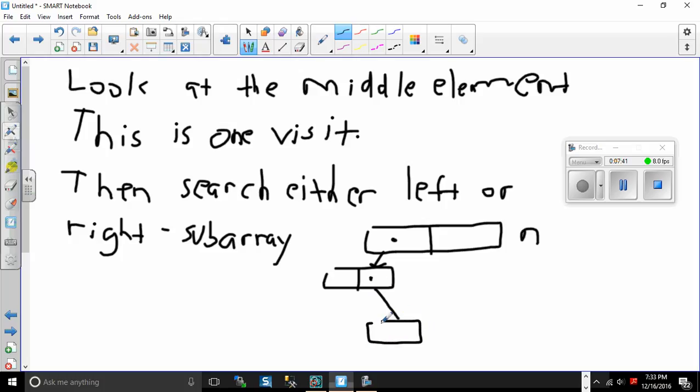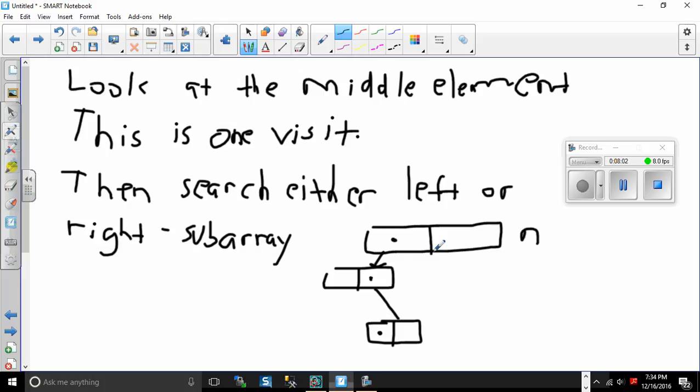Then we find the middle element of this subarray and determine that the element is here. We keep repeating until finally we're left with one element.